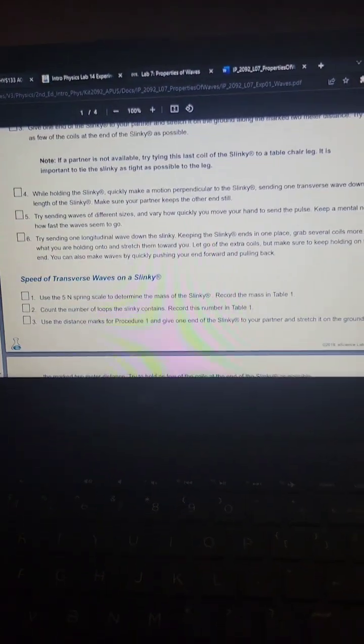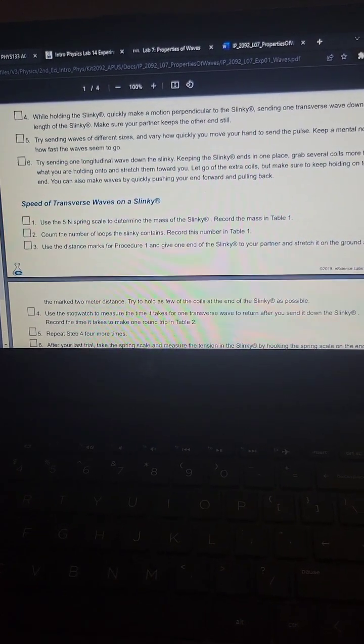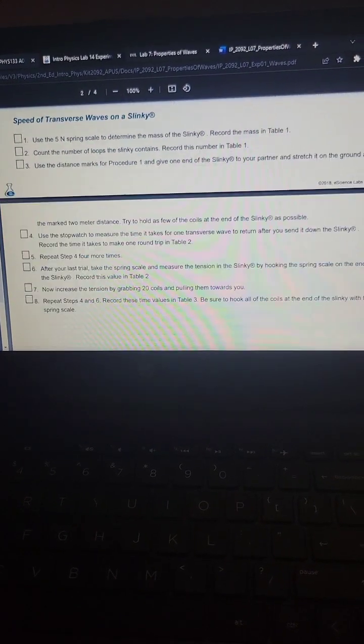And I got the distance marks, after we marked the 2 meter distance, sending one transverse wave along the course, and then waves of different sizes, and then longitudinal waves. Use the distance mark stretched along the ground.